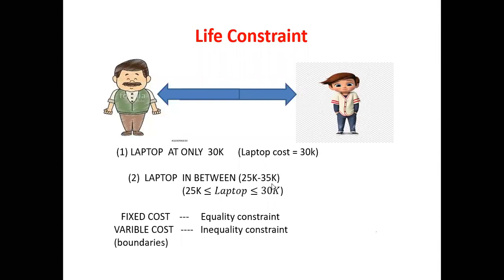For example, he knows that if the son spends below 25,000 rupees, he would not get a best laptop. At the same time, if you consider more than 35,000 rupees, he cannot afford it.